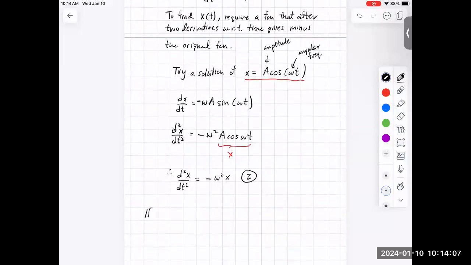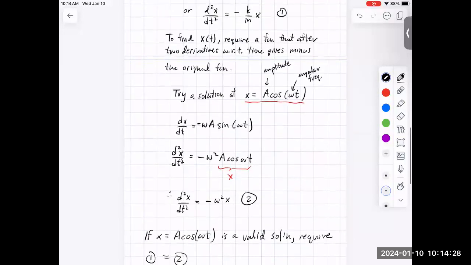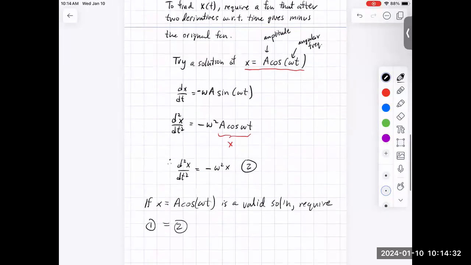And so they must be equal to each other if this is correct. So if x equals A cos omega t is a valid solution, we require equation 1 equal to equation 2. Equation 1 has a minus k over m times x.